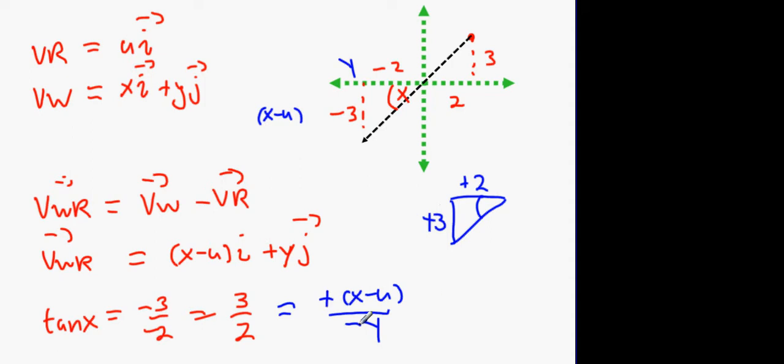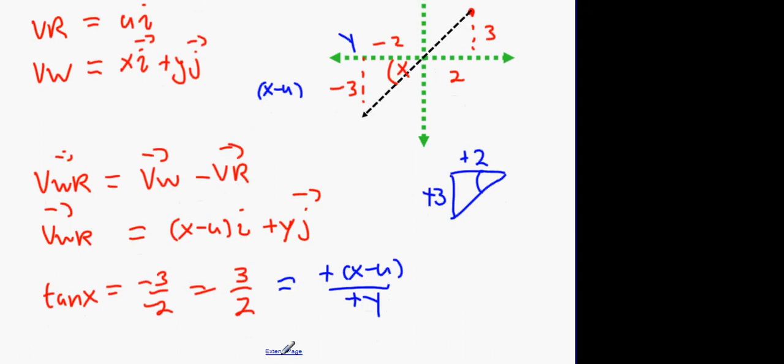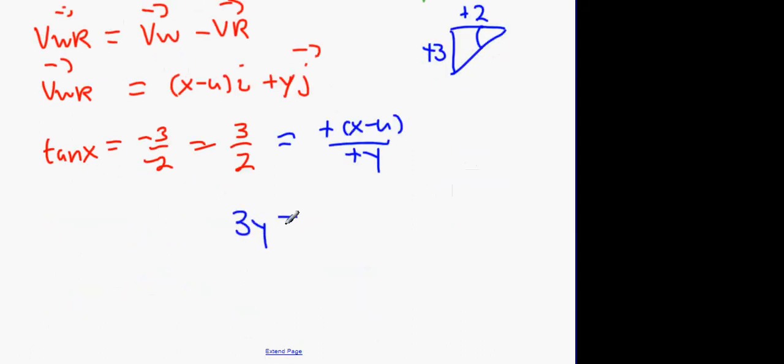So now we know that 3 over 2 equals x minus u over y, so we get 3y equals 2x minus 2u. So 2 over 3 or 3 over 2? 3 over 2.